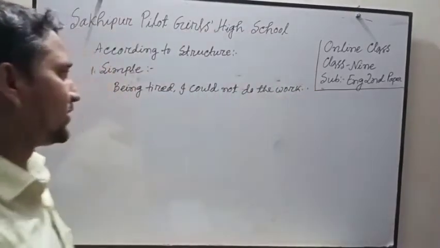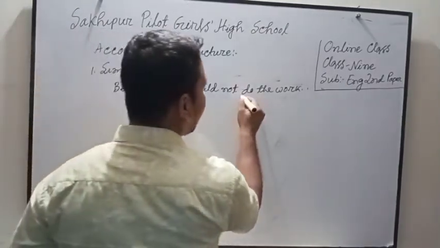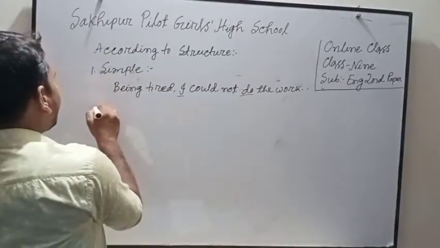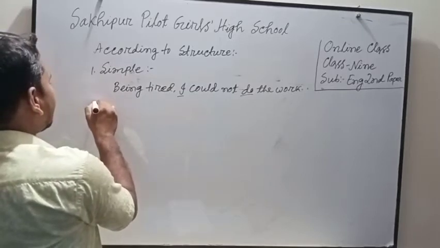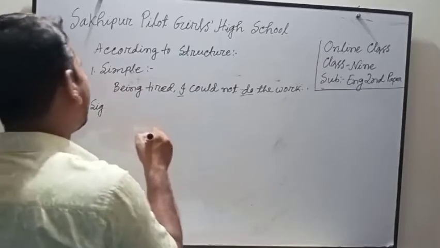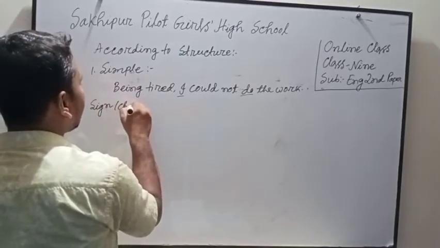It's a simple sentence that has only one subject and one finite verb. Its main features are its signs, we can also say its characters. How can we know it's a simple sentence? Signs or characters.